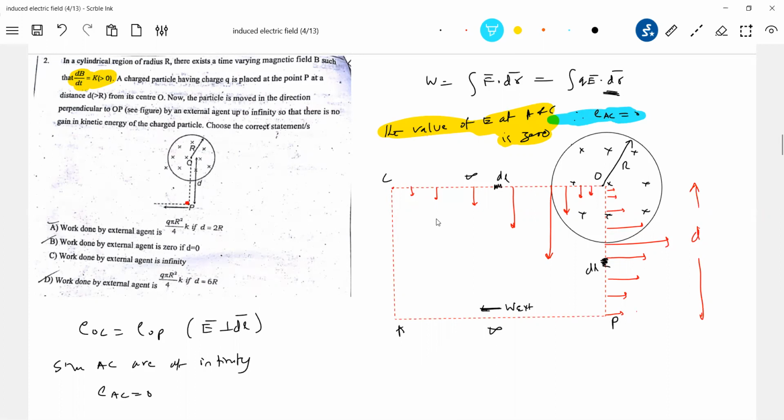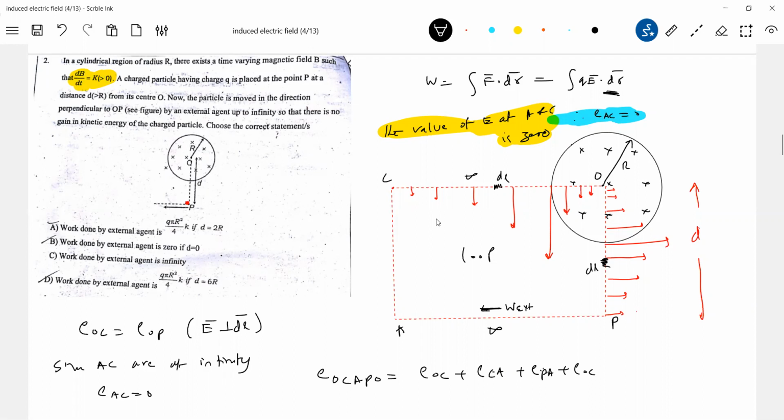So only EPA remains. So what is the total EMF induced in this loop OCAPO? EMF induced in the loop OCAPO should be equal to EOC plus ECA plus EPA plus EPO.